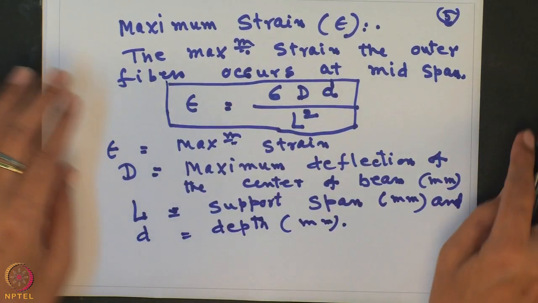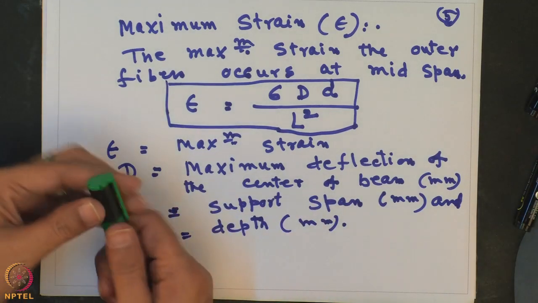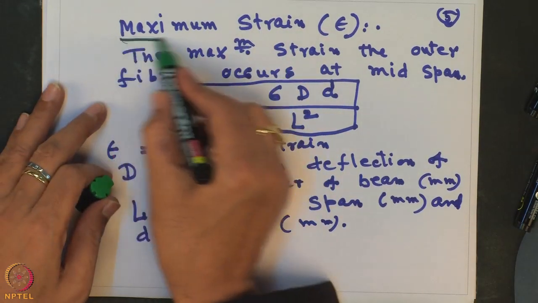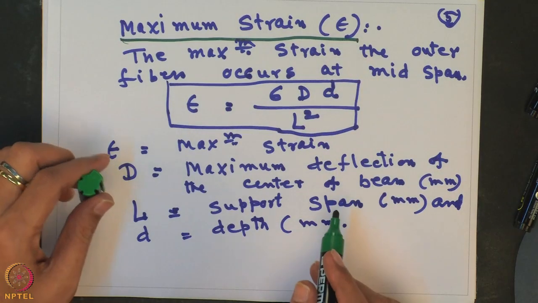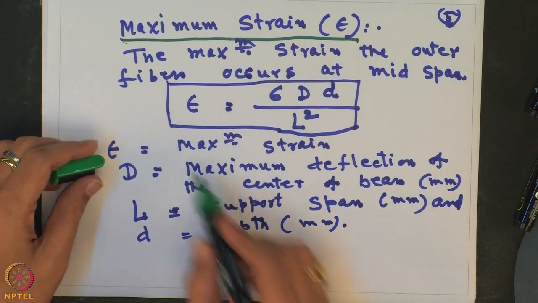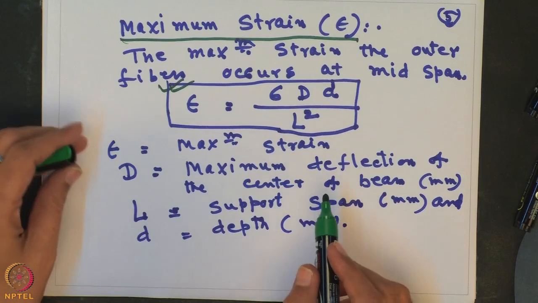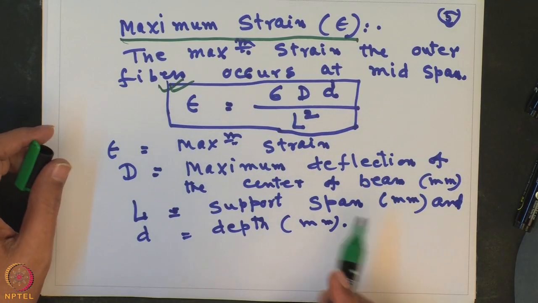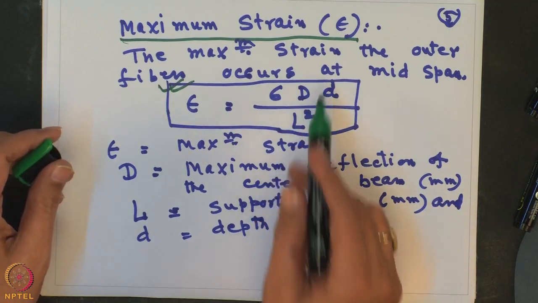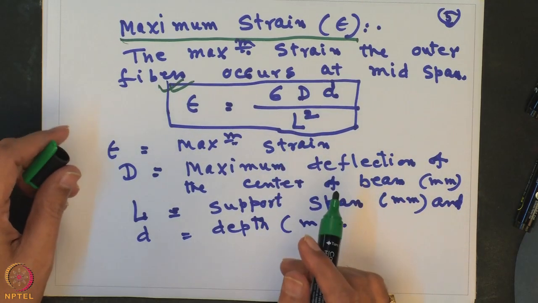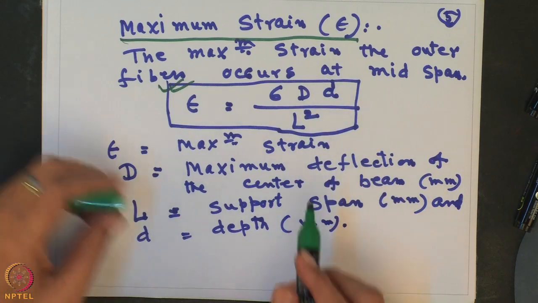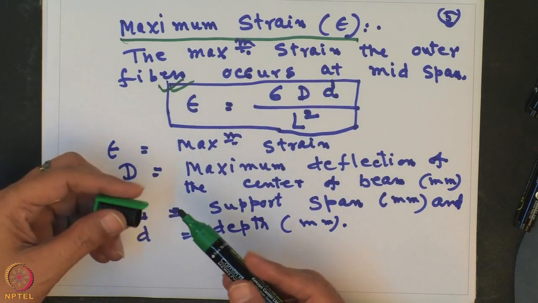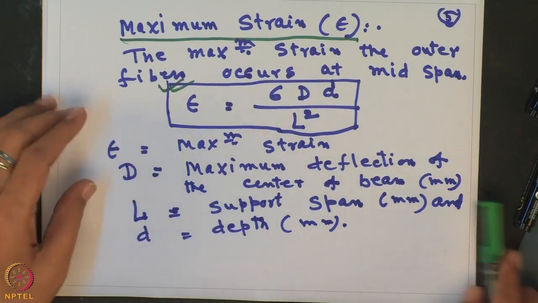So, you can determine the maximum strain of the EPS geofoam material using this equation, epsilon is equal to 6 D d divided by L square. You know D, the maximum deflection at the center of the specimen, you know L, the support span, and you know the depth d. So, you can calculate the maximum strain.